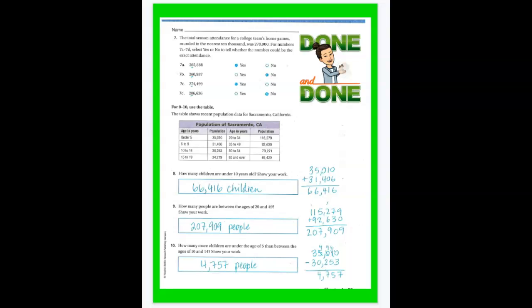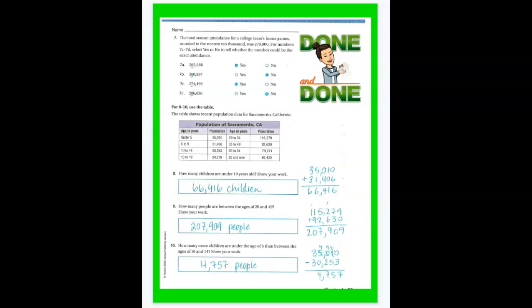Let's go on and take a look at number 7. A total season attendance for the college team's home games, rounded to the nearest 10,000, was 270,000.